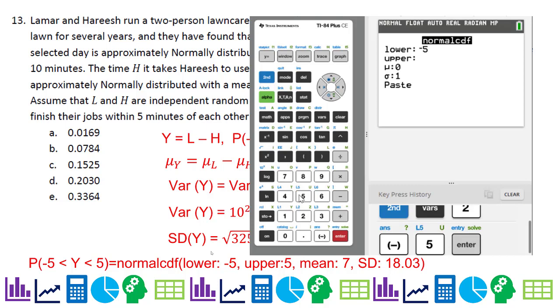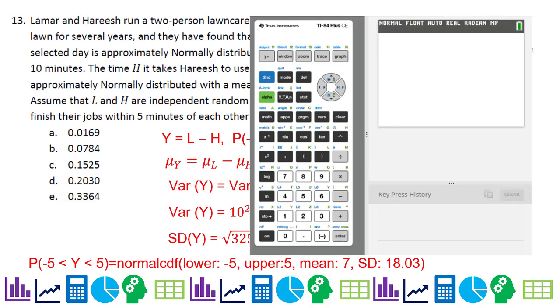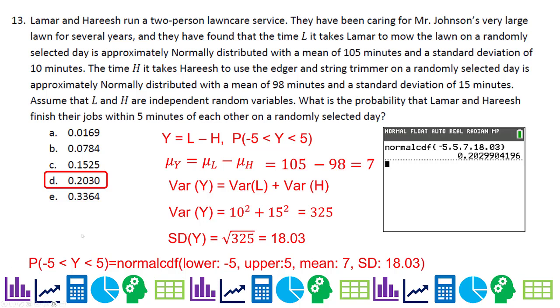Our upper is 5, and our mean is 7, and the standard deviation is 18.03. And we get 0.20299. So there's your answer, 0.2030, which is basically what that rounds to.